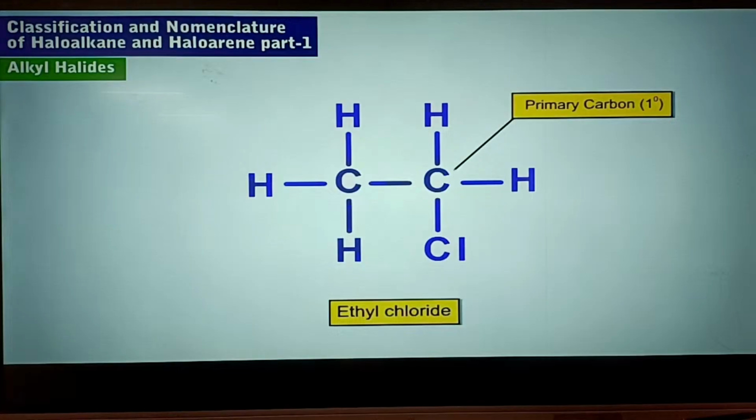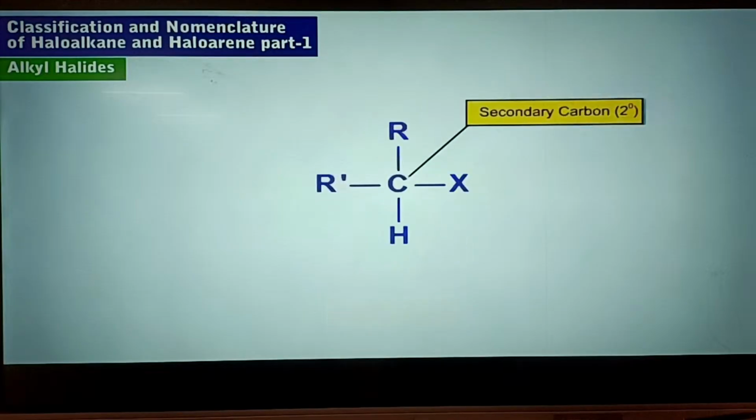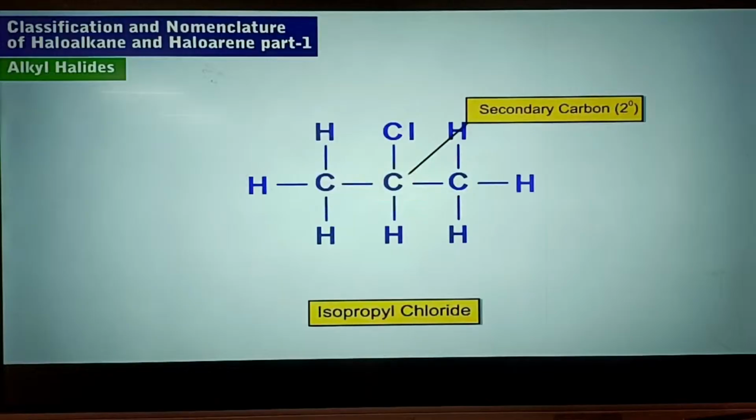For example, ethyl chloride is a primary alkyl halide. In secondary alkyl halides, the halogen atom is attached to a secondary carbon atom. Isopropyl chloride shown here is a secondary alkyl halide.